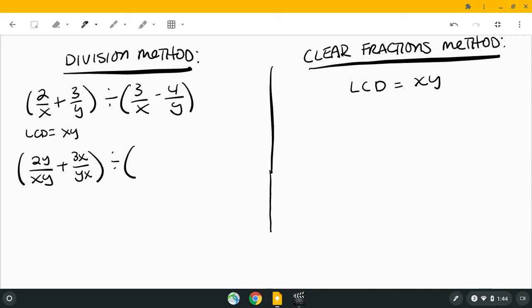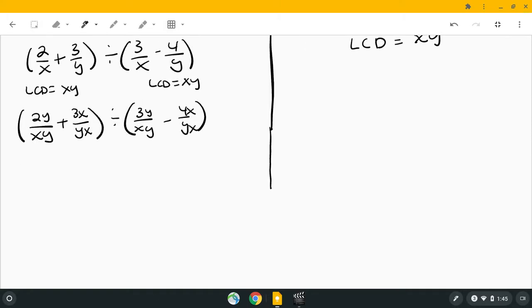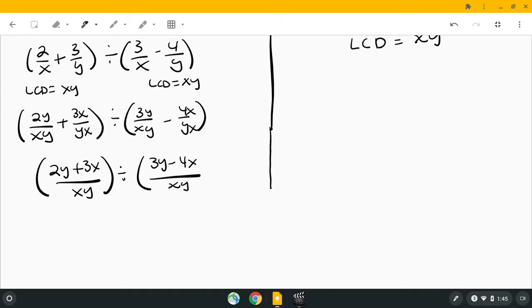And then here, also the LCD is xy, so I need to multiply 3 over x with y over y, and I need to multiply 4 over y by x over x. Okay? And then here I get 2y plus 3x over xy divided by 3y minus 4x over xy.